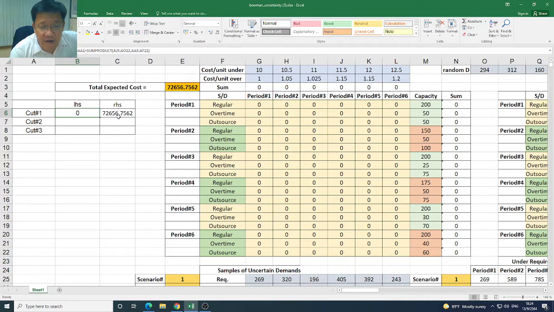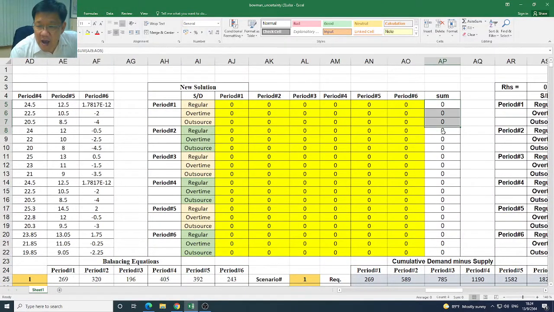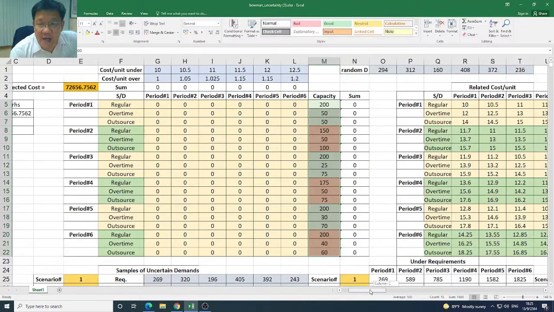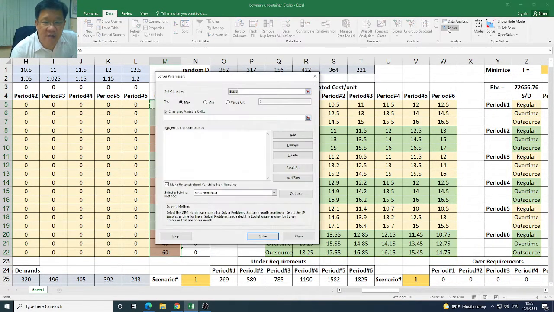You also want to make sure that the summation of x ij over all periods, for each capacity type i, cannot exceed the current capacity that you have here. And that's all set up, so we can start using Excel Solver to solve it.